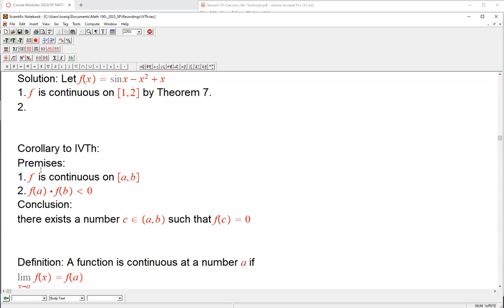Number 2, you're going to do f of 1 and f of 2, so f of a and f of b. You just check the conditions and have it well organized.